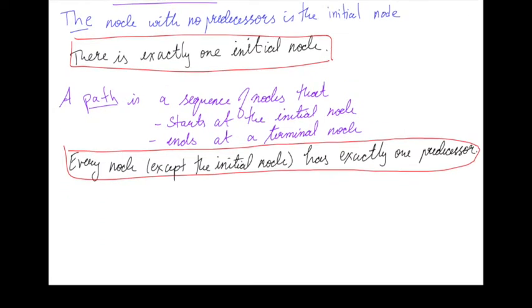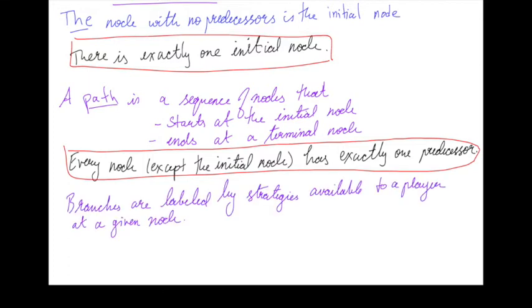So what are we going to do with these trees? If you go back to Chapter 2, you'll remember that we label the nodes by the player who will be making the decision at that node, and we label the branches by the strategies or actions that the player has available to him at that node. So given that, at a given node, all the different strategies are different strategies.